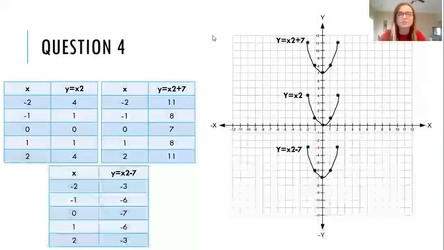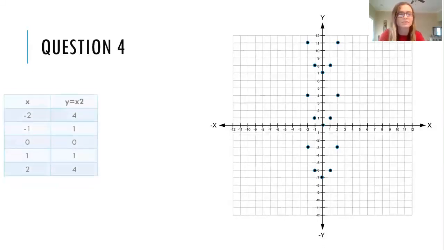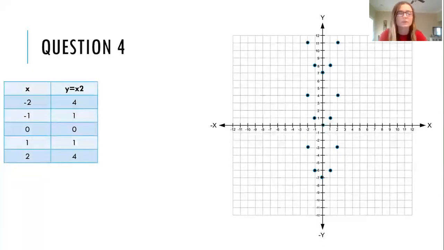So for question 4, we have to graph 3 functions and show their similarities, differences, and relationships between the graphs. So let's look at our first one. So we have x and y equals x^2. And the first thing I did was create a table of values and plug in numbers -2 through +2 for x.